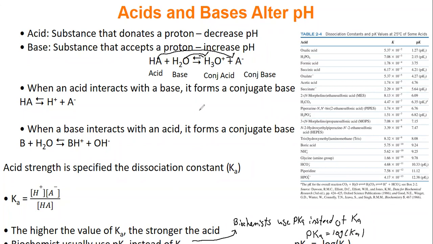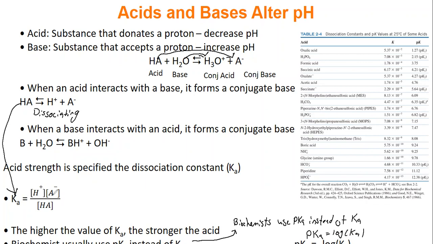Now, to determine the strength of an acid, we have this term Ka, the dissociation constant. And if we're looking at this acid reaction, you always have your acid at the left and then your conjugate base on the right. So we have our acid dissociating. That's why it's called the dissociation constant, because it's telling us, how much does this acid dissociate?